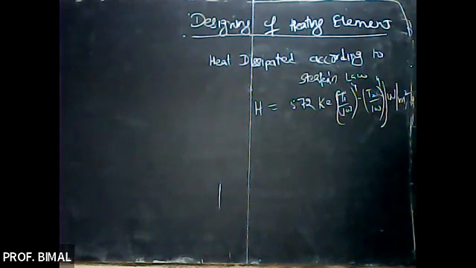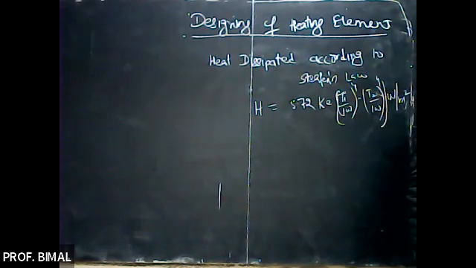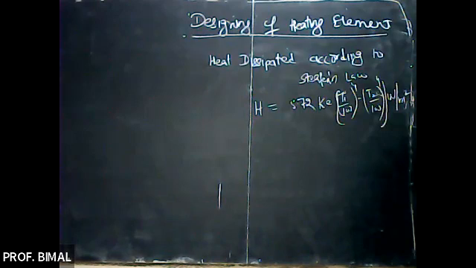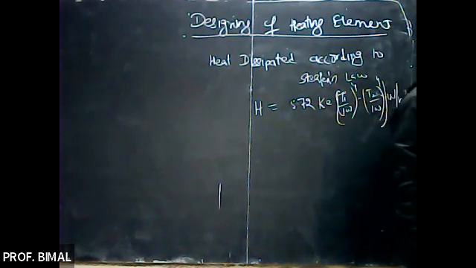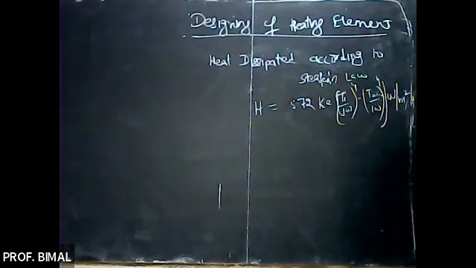Here these symbols have their meaning. T1 is the temperature of the source, T2 is the temperature of the substance, and K is a constant known as radiant efficiency.